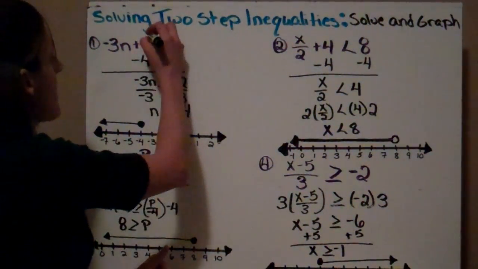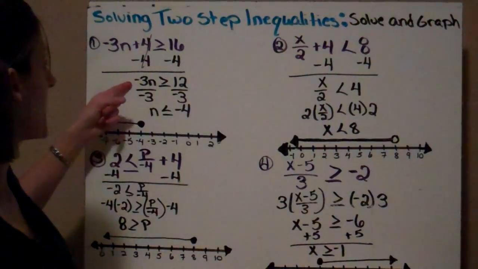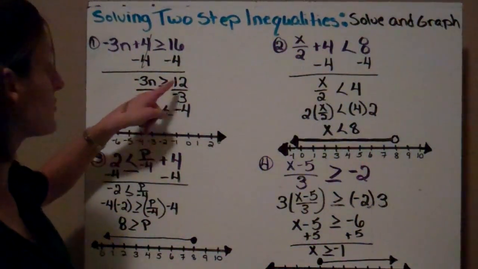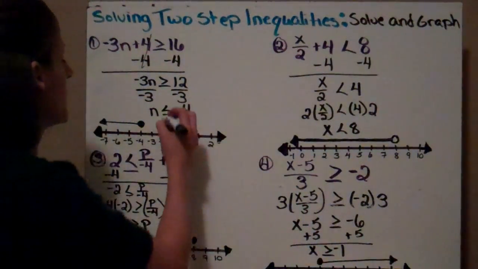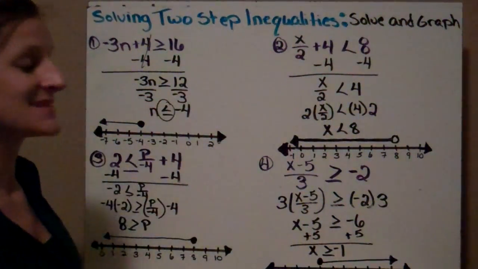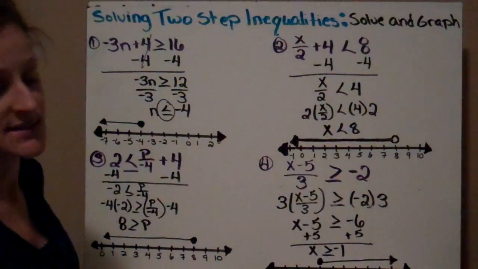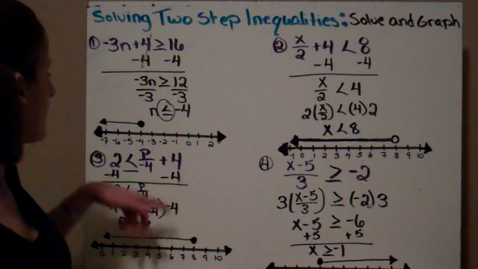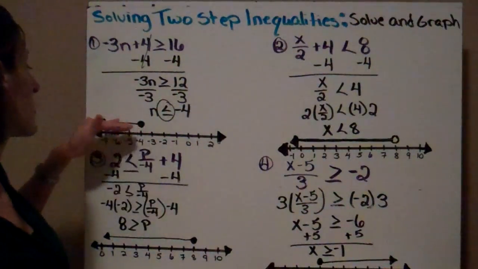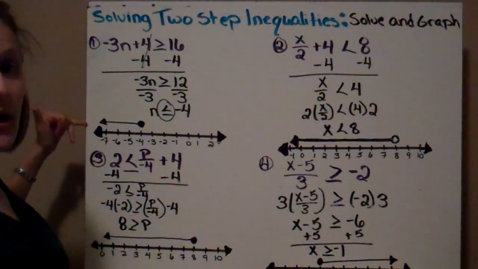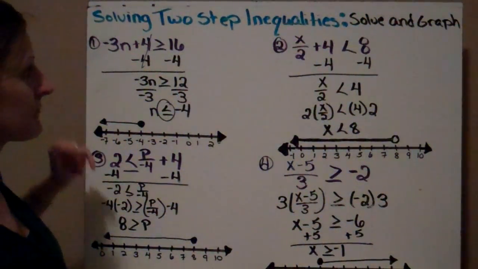When I do that, that becomes 0. I'm left with negative 3n is greater than or equal to 12. Since I have to divide each side by a negative 3, notice I flip my sign. I get n is less than or equal to negative 4. That means a closed circle on negative 4. Negative 4 is the largest number, so I'm going to the left and drawing my arrow towards smaller numbers.